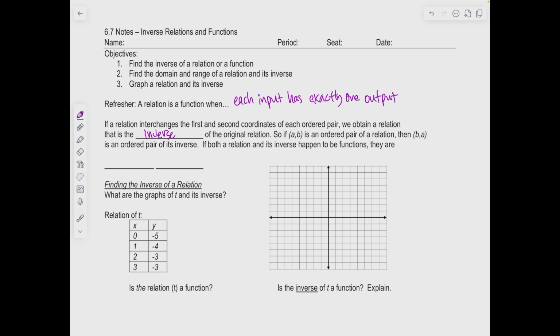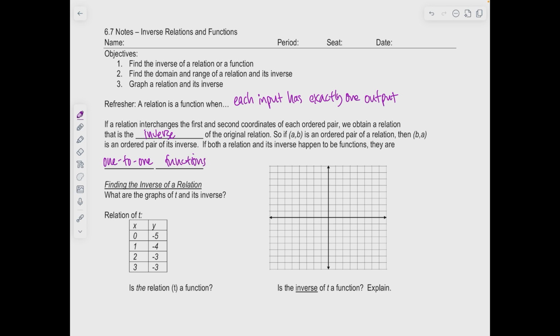So if (a, b) is an ordered pair of a relation, then (b, a), switching the x and the y coordinate, is an ordered pair of its inverse. If both a relation and its inverse happen to be functions, they are one-to-one functions.